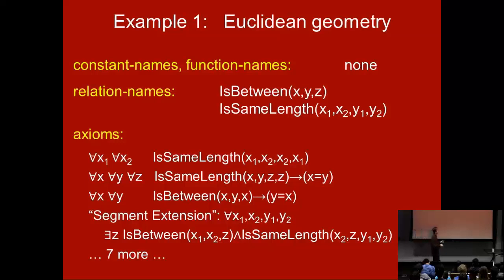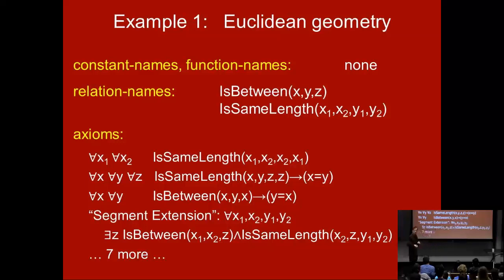And this one is supposed to mean that the line segment from x1 to x2, these are points, remember, is the same length as the one from y1 to y2. And he wrote down some 11 axioms, 4 of which I wrote here, which are true. Like this one says, if you have 2 points, x and y, and y is between x and x, then y equals x. It's true, right?